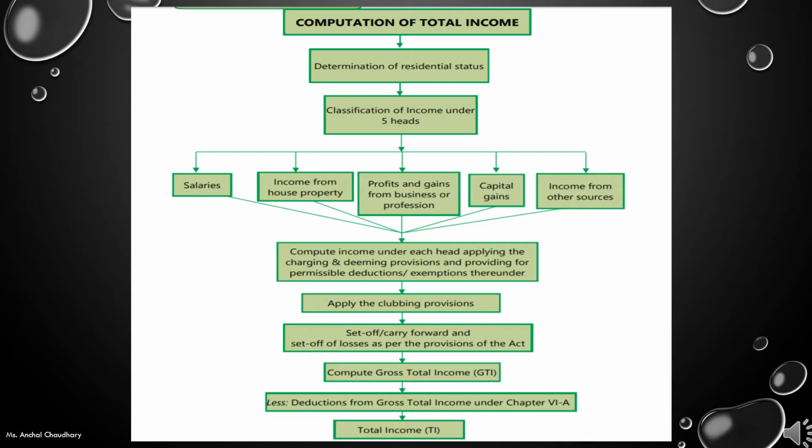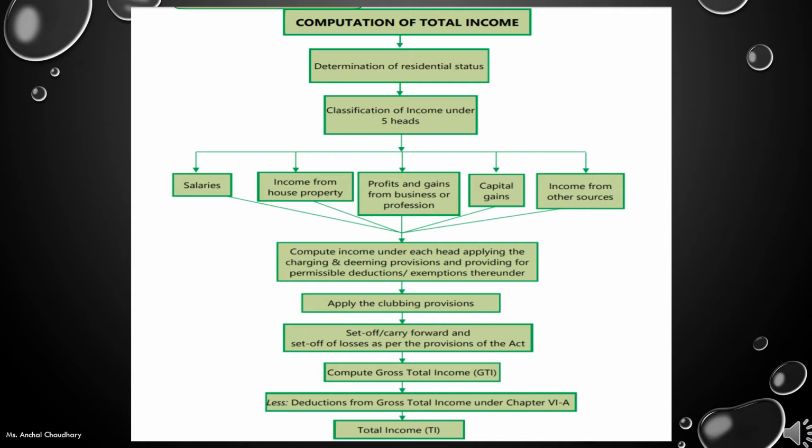Then compute income under each head, applying the charging and deeming provisions and providing for permissible deductions and exemptions. Then apply the clubbing provisions if there is any clubbing of income. Then set off and carry forward losses as per the provisions of the Act. Whatever amount you get here will be your gross total income.